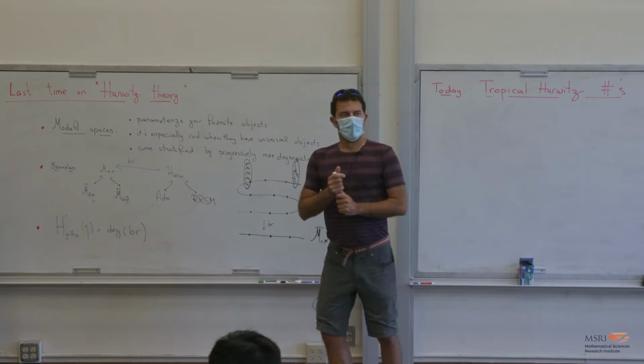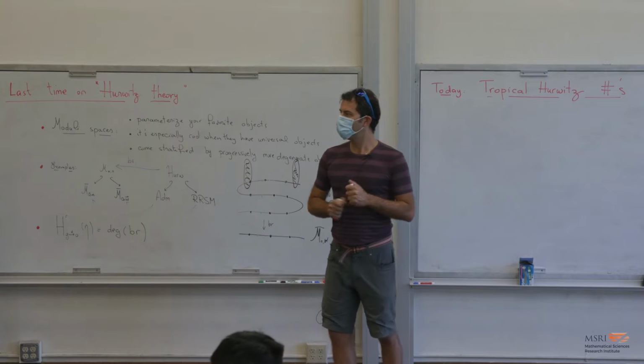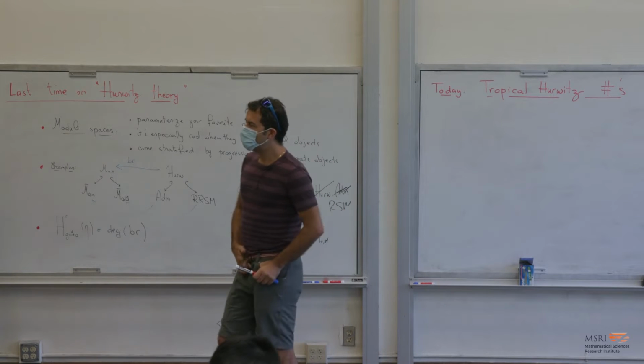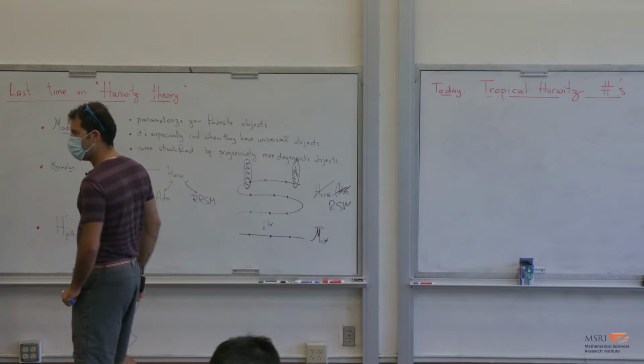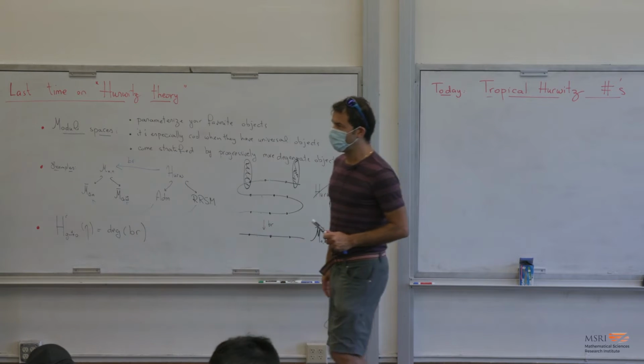Okay? Any questions so far? So buried in there is the statement that actually the virtual degree is equal to a naive degree. Yes, that's what I was trying to say in the last minute. Yeah, exactly.